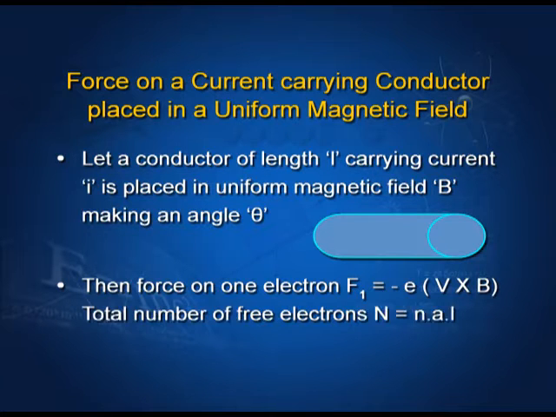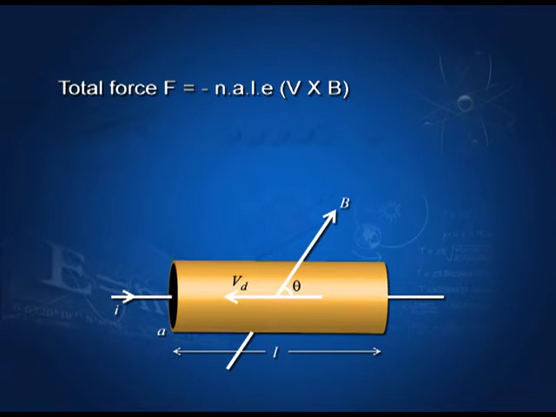As the total number of free electrons in the conductor, capital N, is equal to small n, the number density of the free electrons, into the volume of the conductor A into L, that means capital N is equal to n into A into L, we get the total force F equals to minus nALe into v cross B. As we know, current I equals to A n e into the velocity of the charge.